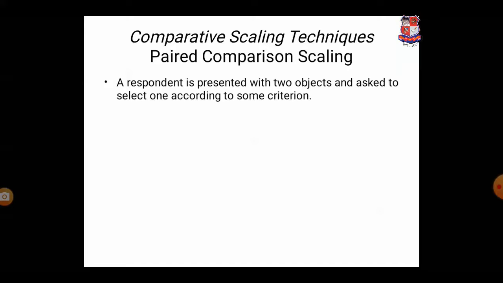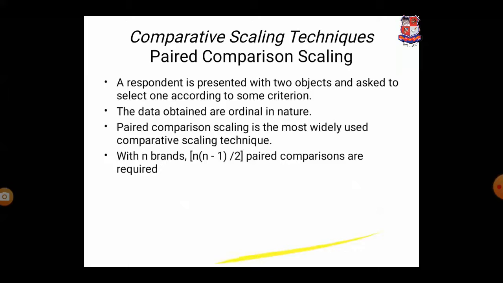If somebody wants to understand whether customers prefer DMart or Big Bazaar, then it is again an example of paired comparison. If somebody wants to understand whether customers prefer McDonald's or Domino's, then again it is an example of a paired comparison scale. So in short, in the paired comparison scale, direct comparison between two objects is possible.